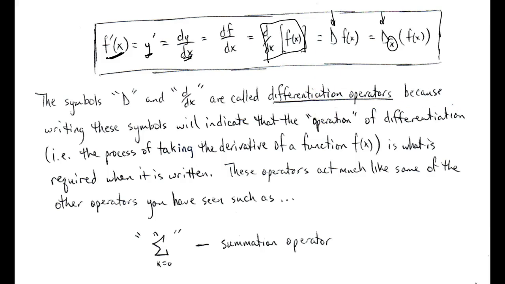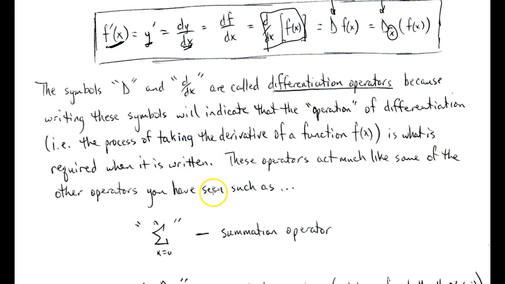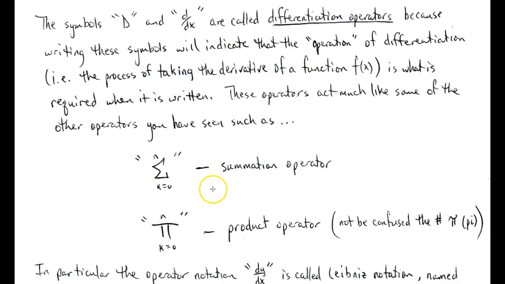Now, the point I'm trying to make is on a higher level with the differentiation operator, if we look at the summation operator or the product operator. So these are other operators that we use to imply that we're doing certain things, and it's already implied what we're doing, but we don't want to repeat that explicitly every single time.